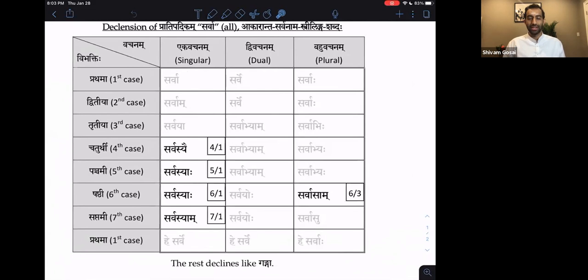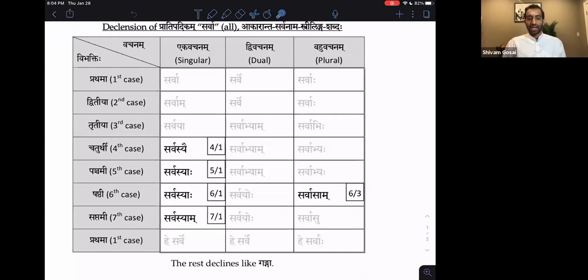Anyam, anye, anyaha, anyaya, anyabhyam, anyabhi, anyasyai, anyabhyam, anyabhyah, anyasyaha, anyabhyam, anyabhyah, anyasyaha, anyayoho, anyasam, anyasyam, anyayoho, anyasu. He anye, he anye, he anyaha.